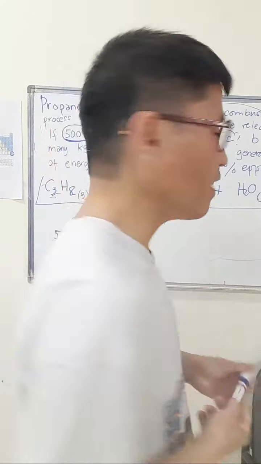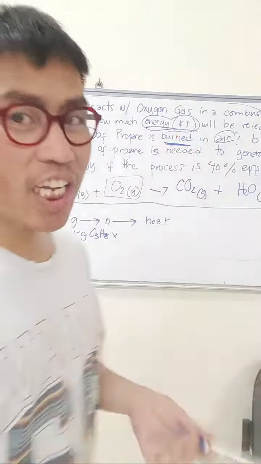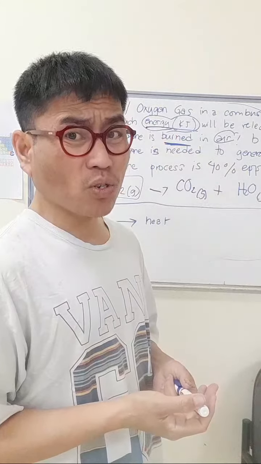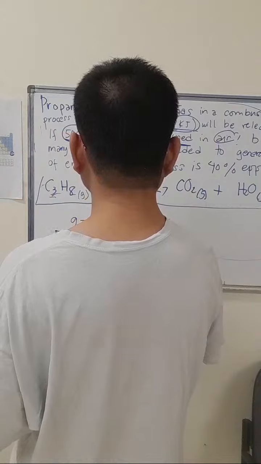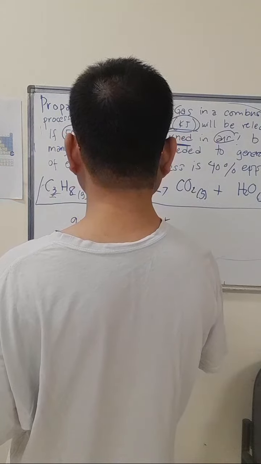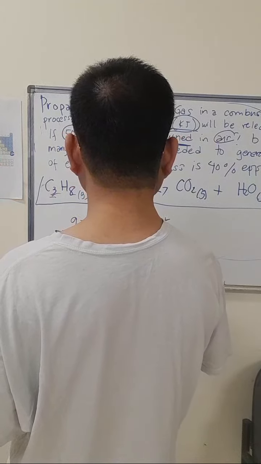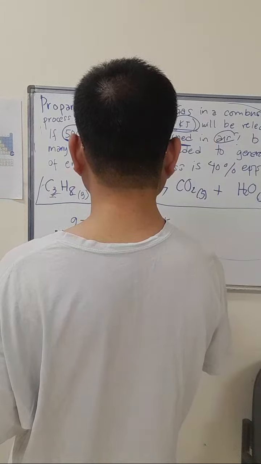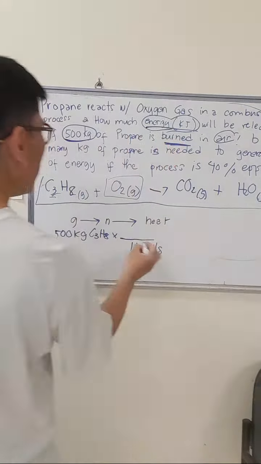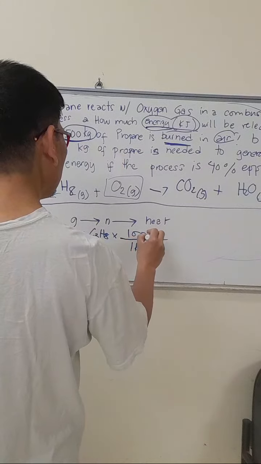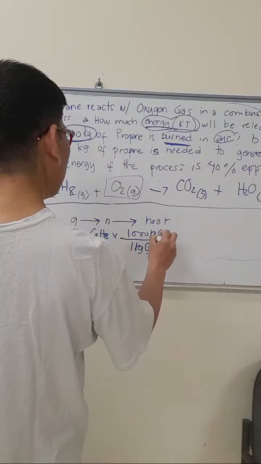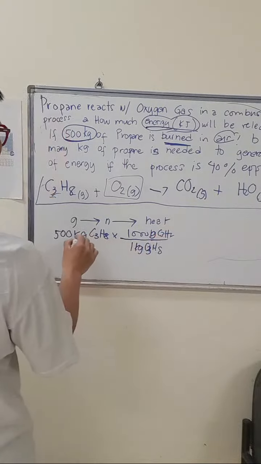So we are checking the compatibility of the units of measurement. So 1 kilogram of propane is equals to 1,000 grams of propane. So, cancel kilogram.